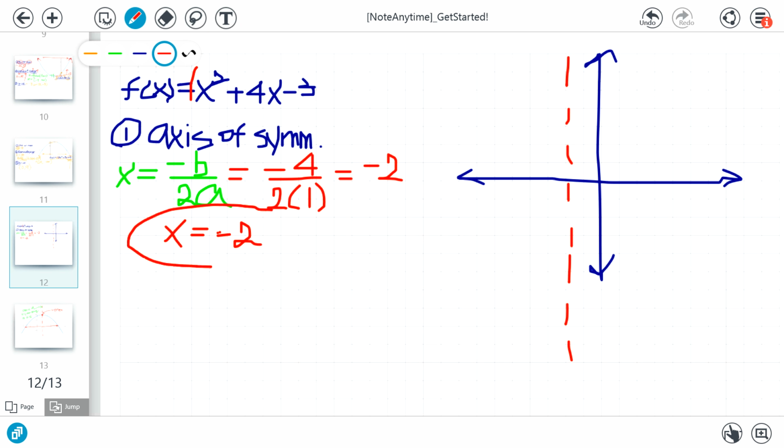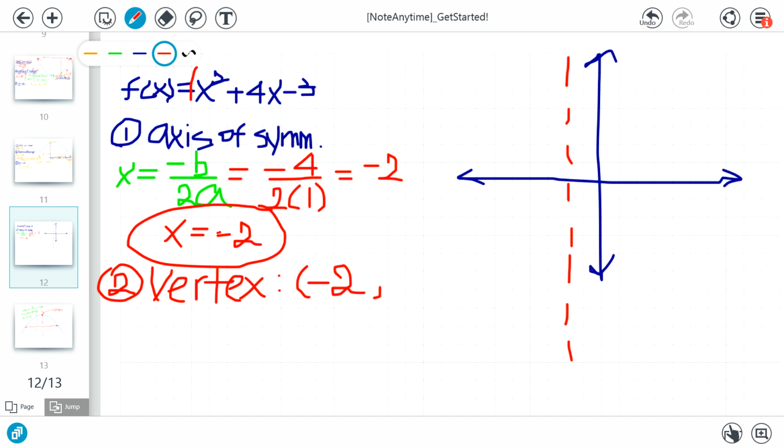We already know the x-coordinate of your vertex. Your x-coordinate of the vertex always comes from your axis of symmetry. Now, we're going to find the y-coordinate. In order to do that, we have to use our original function and plug in the x to find y.